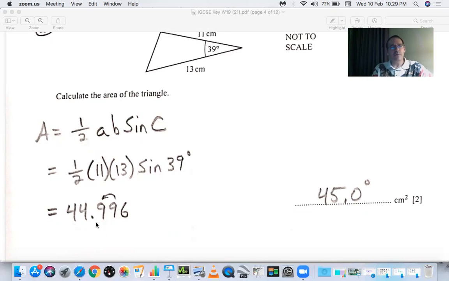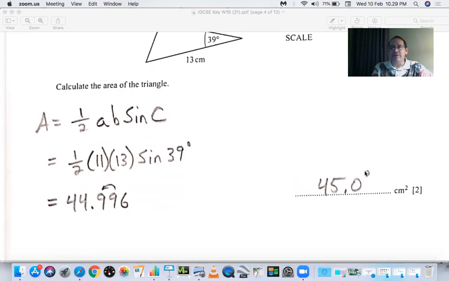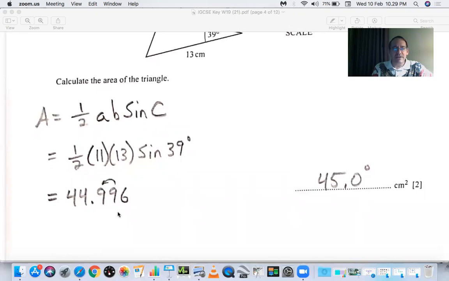You get 44.996, because this is all multiplied here. To three significant figures, notice 1, 2, 3.